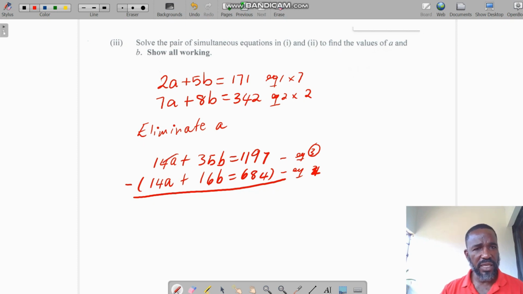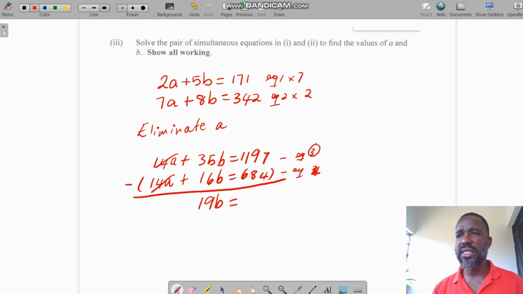So 14a will cancel 14a, and we are left with 35b minus 16b, which will give us 19b, and that is equal to 1197 minus 684, which will give us 513. So 19b is equal to 513.